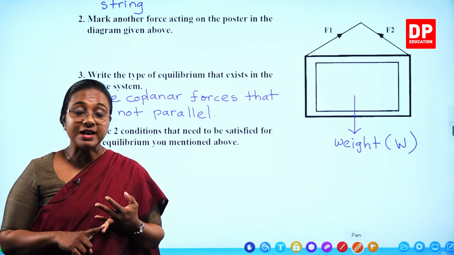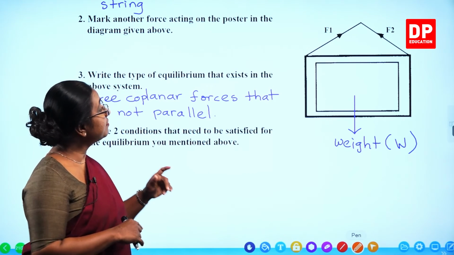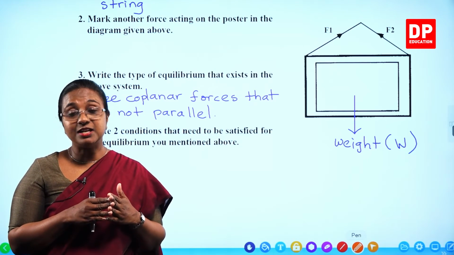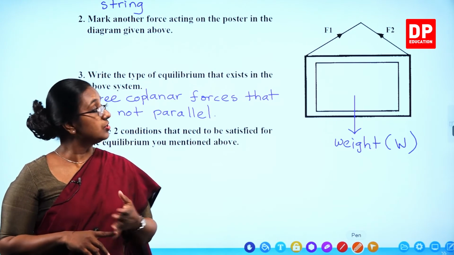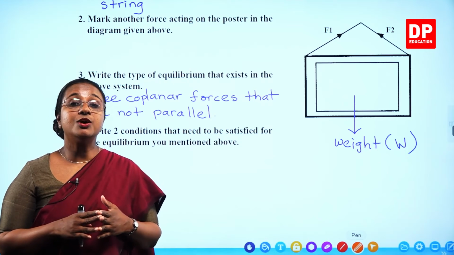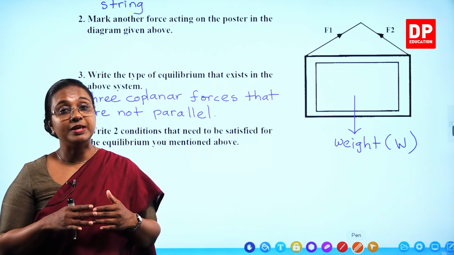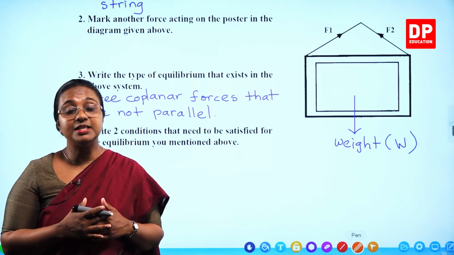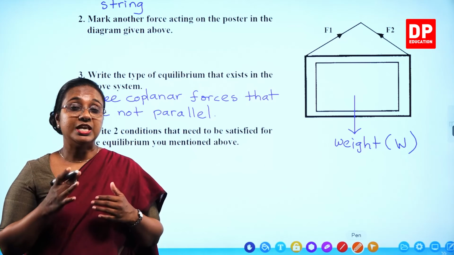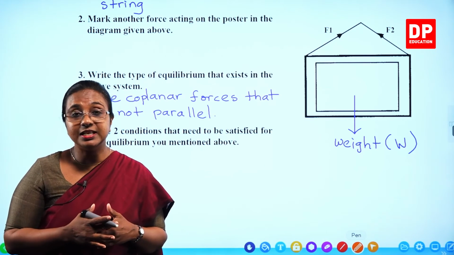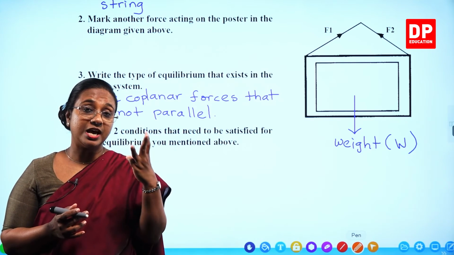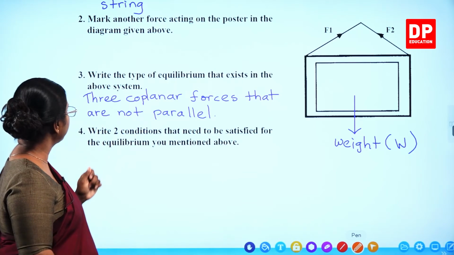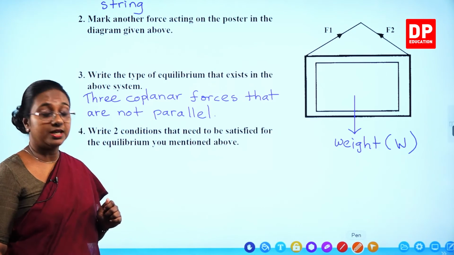They should not be parallel, but their lines of action should meet at one point. And also, the resultant of any two forces should be equal and opposite to the third force. Equal in magnitude and opposite in direction to the third force. So, there are three conditions. You are supposed to write only two conditions.